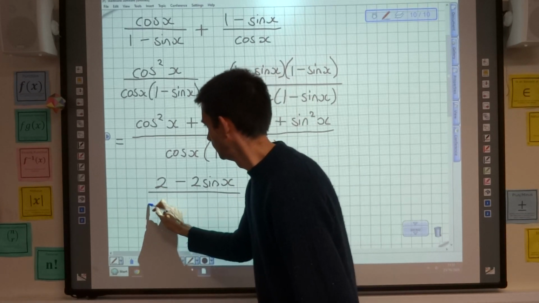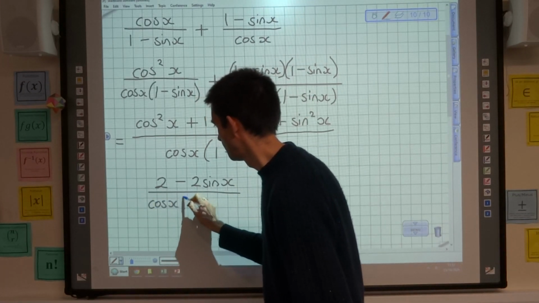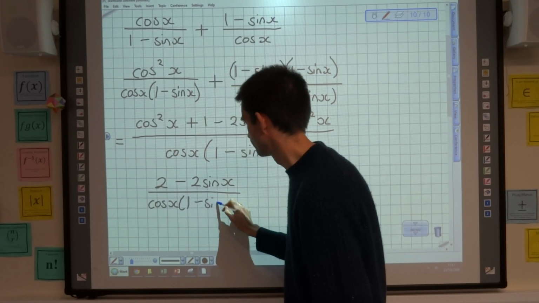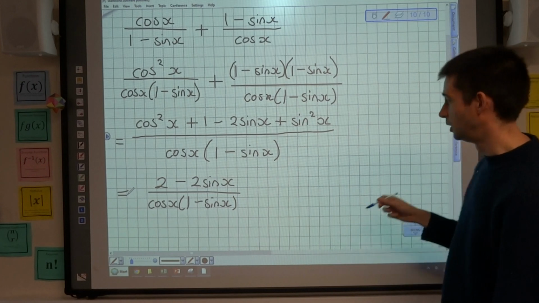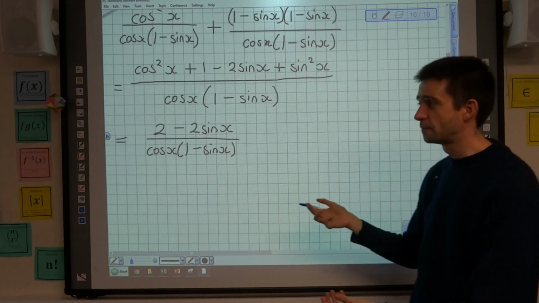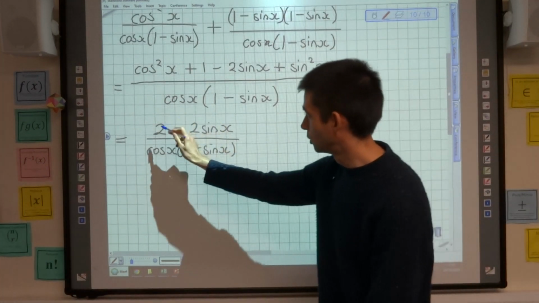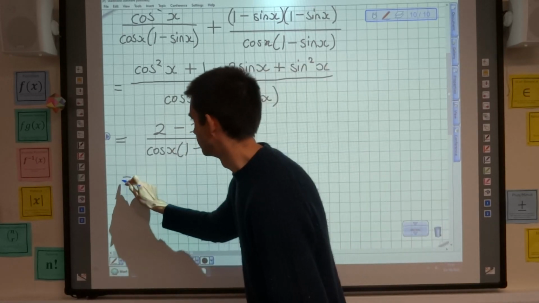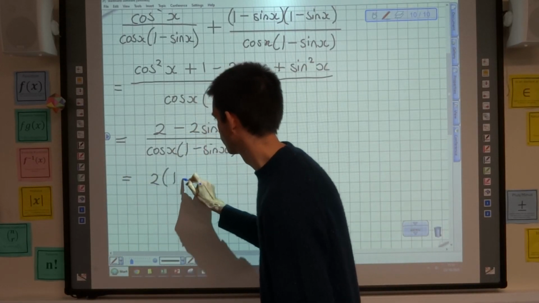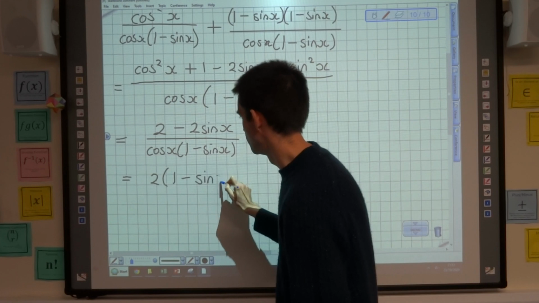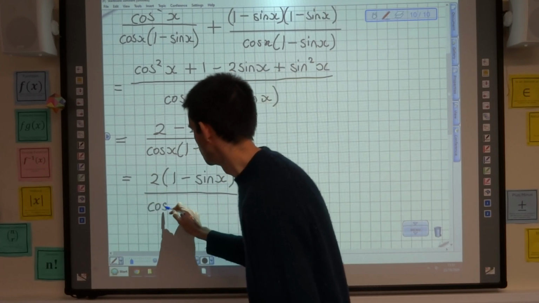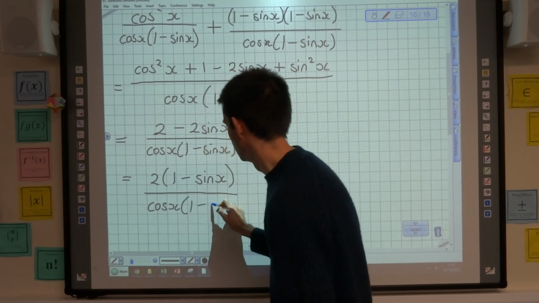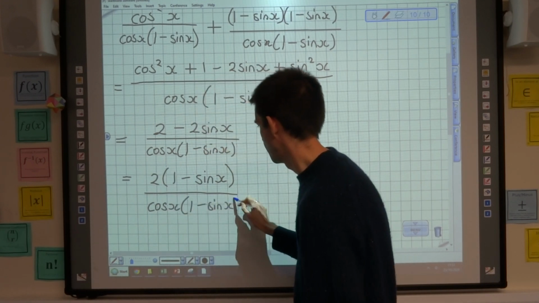And you may see that this is falling out quite beautifully here. Remember I said not to expand the denominator, we're looking for something to cancel. Look at the common factor you've got on the numerator here. Common factor of 2. So I can factorise that 2 out to give me 1 minus sin x, which is all over cos x multiplied by 1 minus sin x.